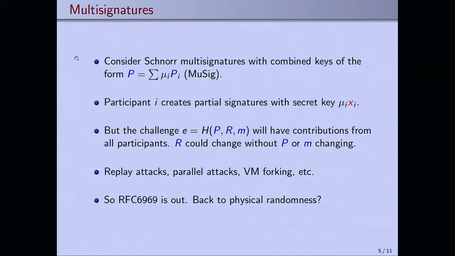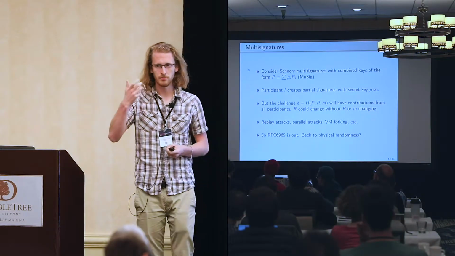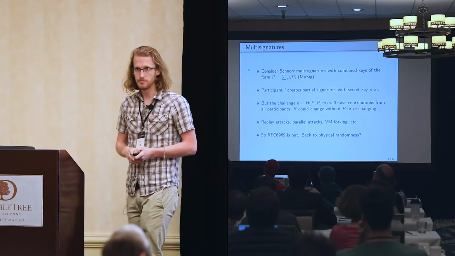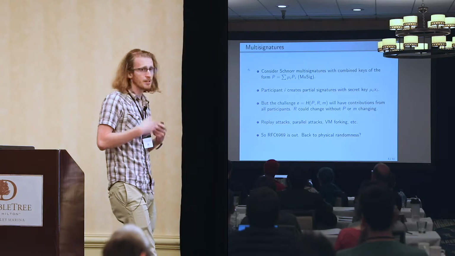It's now this challenge E that can include input from everybody participating in the protocol. Which means that if you were trying to deterministically generate your nonces by hashing all of your own inputs, by hashing the message, by hashing your labels, whatever good best practice protection you want to use, if you're using Merlin, that's not going to help you.